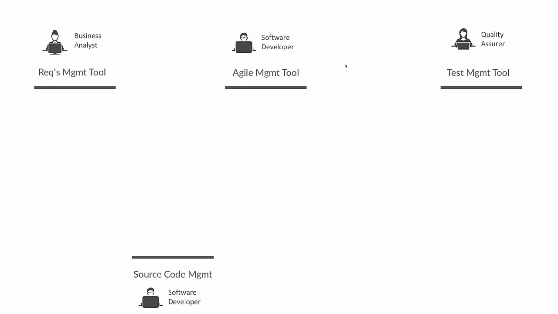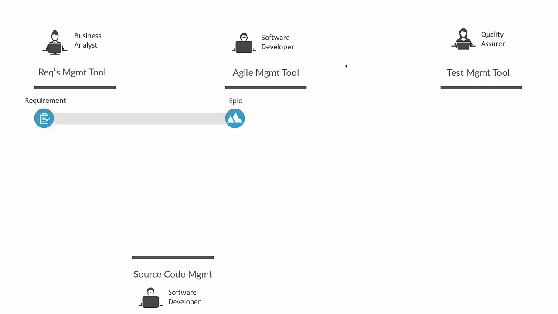And so here you have a very common situation where you've got business analysts, software developers, and testers, and they're using a variety of tools to do their jobs, both requirements management tools, agile management, test management tools, and of course source code management. And so value stream automation allows you to do things like flow requirements from the business analyst tool into the software developer agile management tool.